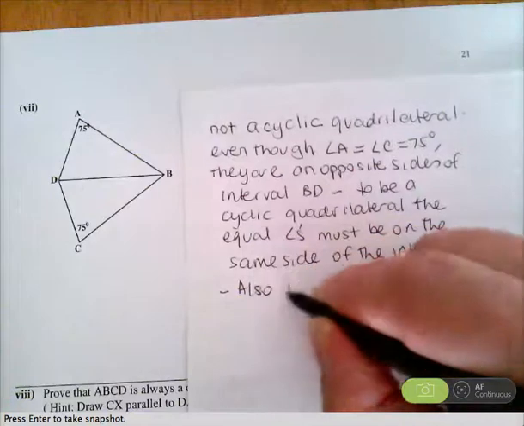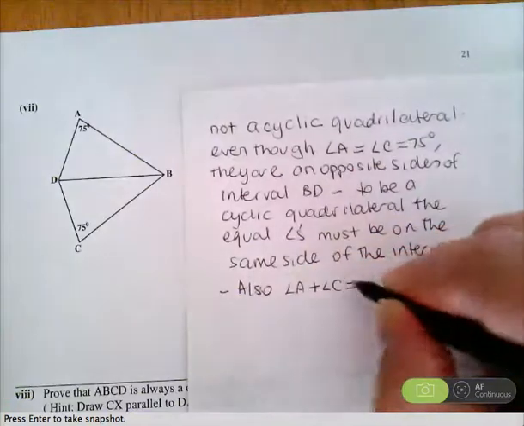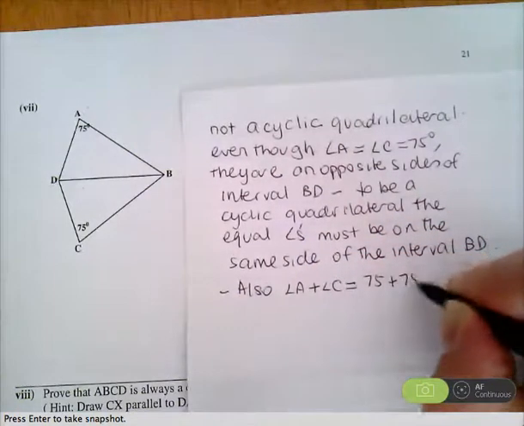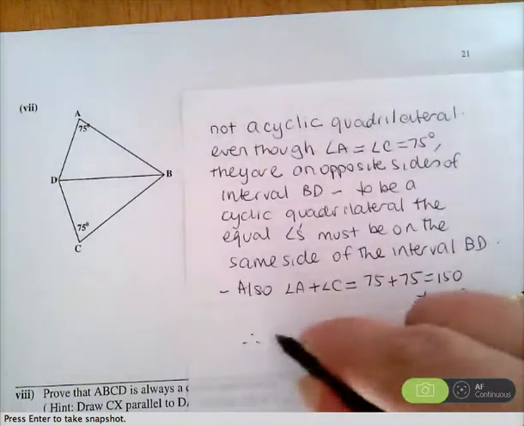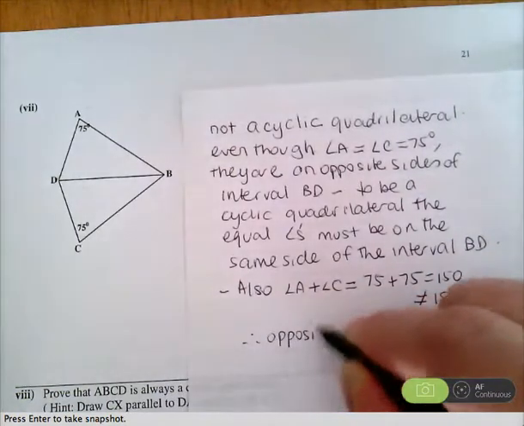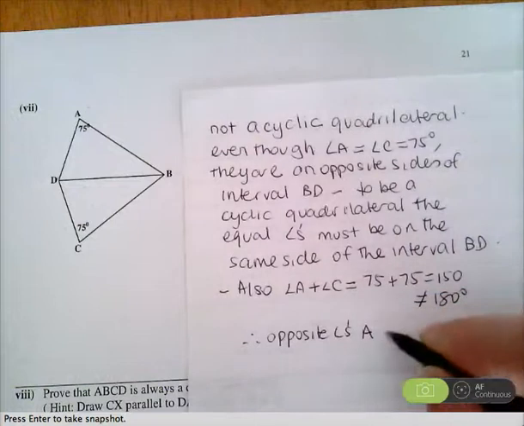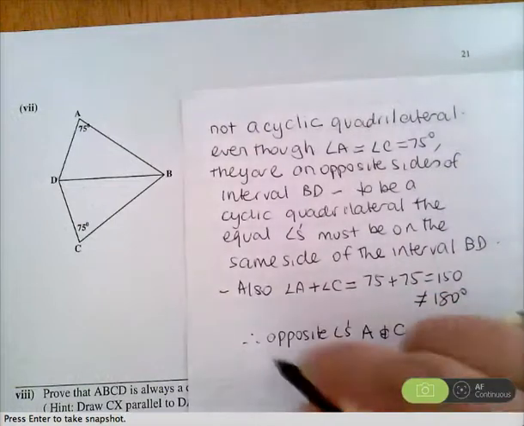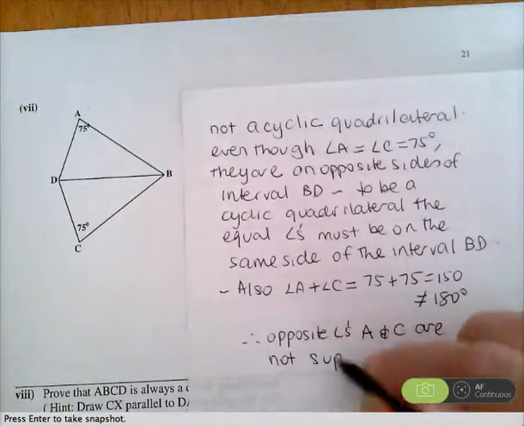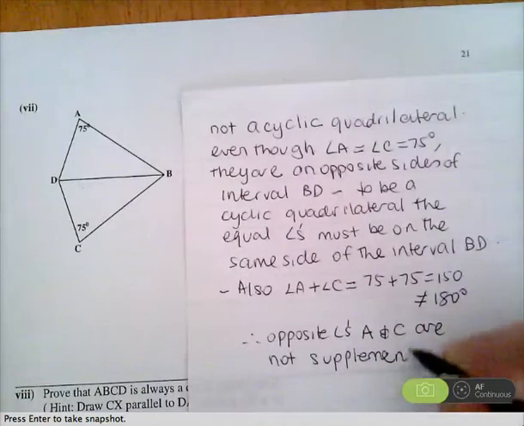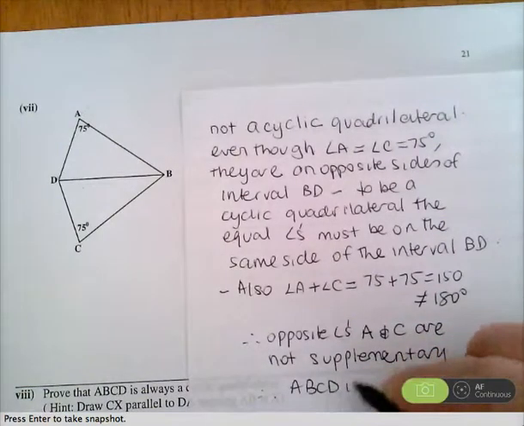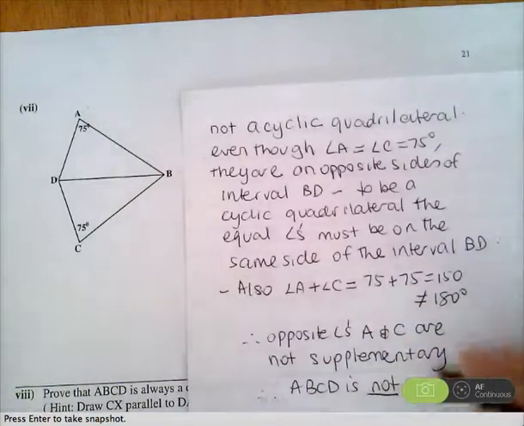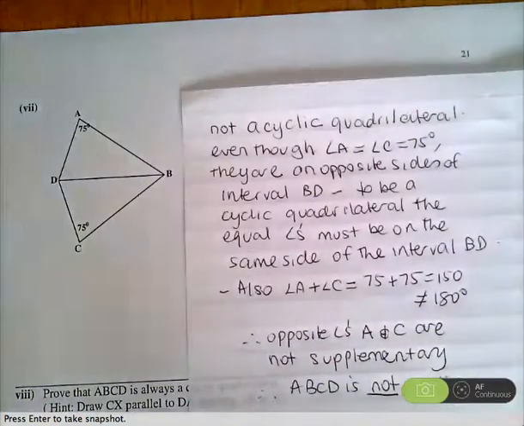Also, angle A plus angle C equals 75 plus 75, which is 150, and that doesn't equal 180. Therefore, the opposite angles A and C are not supplementary. So that's another reason why ABCD is not cyclic. It is not a cyclic quadrilateral.